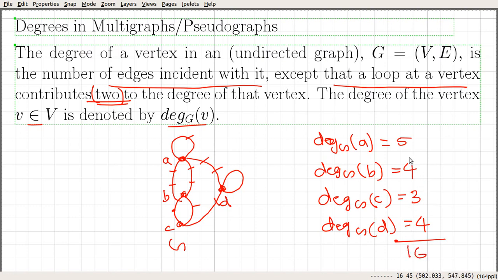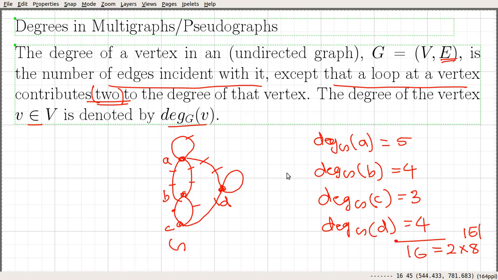So if you add up the degrees you get 16, and again you can see that that is equal to 2 times the number of edges, right? 1, 2, 3, 4, 5, 6, 7, 8. Okay, 2 times 8, where this 8 is nothing but the cardinality of this edge set. So these graphs do satisfy the handshaking lemma. So the handshaking lemma is a generalized one.